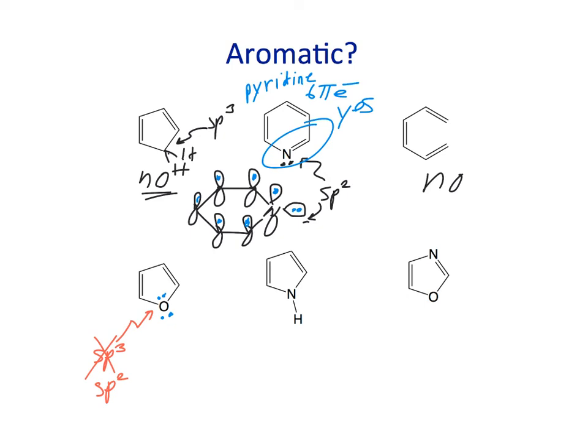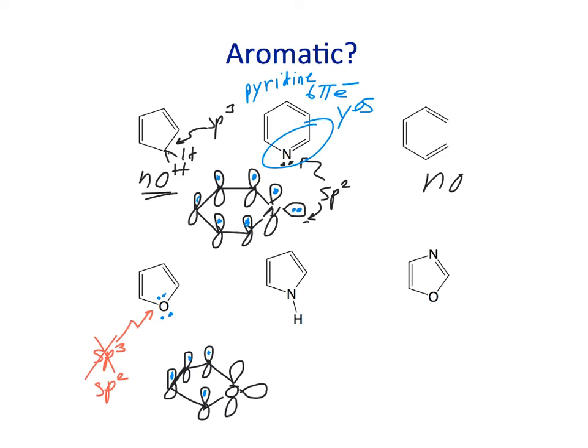So if we drew this one from the side, we could draw this like this, right? So all of these other carbons would have p orbitals on them. Those are easy. We see pi bonds to them. This oxygen is going to have a p orbital as well and an sp2 hybridized orbital. Okay? So when we add up all the electrons, all these carbons are going to donate 1 electron into the pi system.